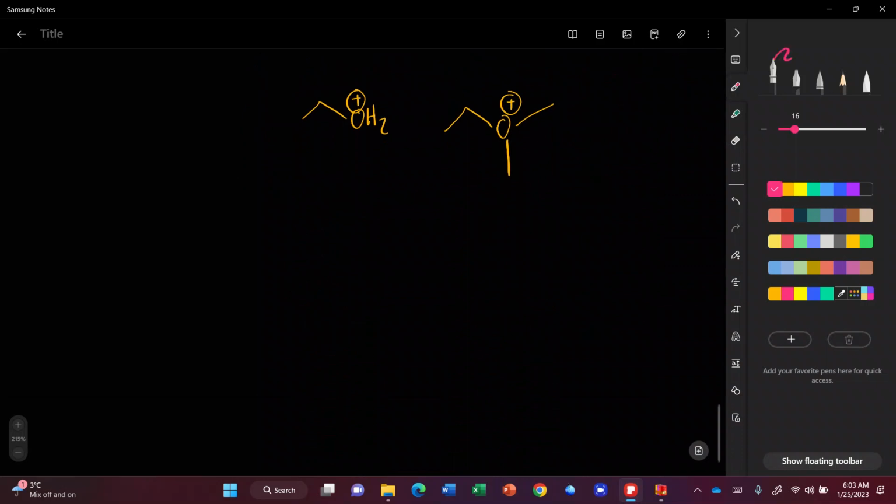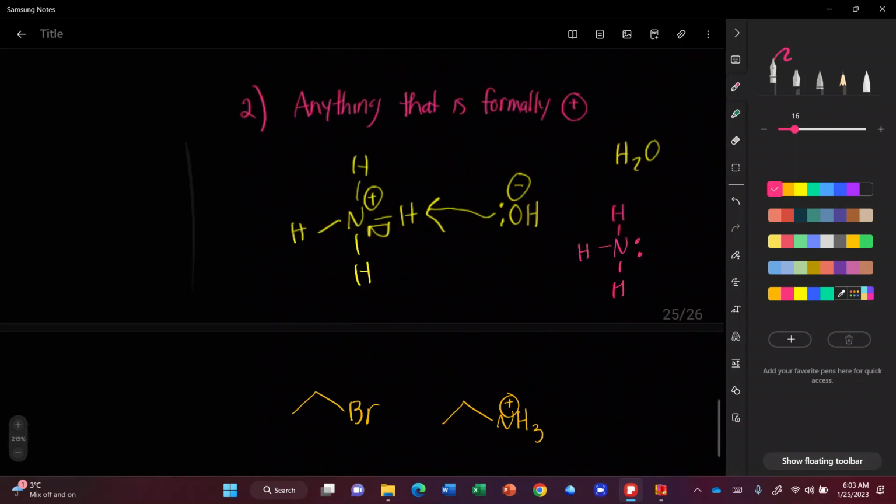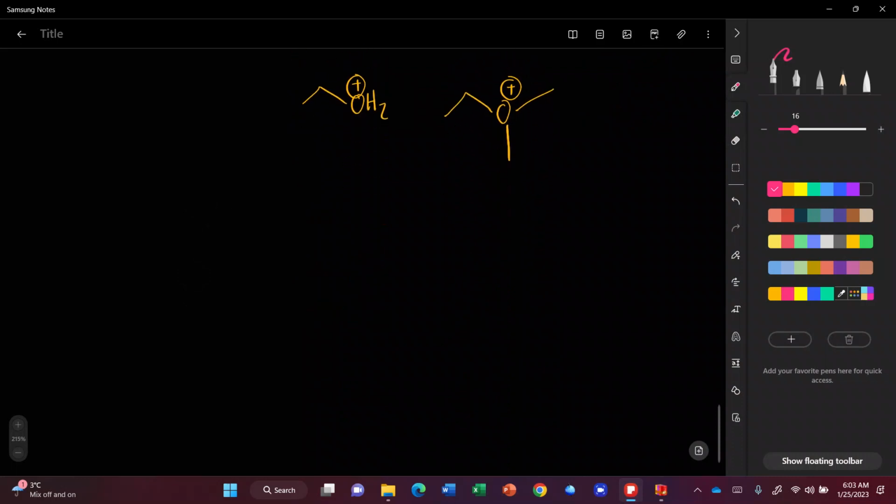And the final thing that is an example of a good leaving group, and this is a very, very niche example, but I'm pretty sure you guys are learning about it already, is an atom that is strained, okay? And the reason that this is going to be a good leaving group is because if something can leave, so an atom that is strained, and usually this is going to involve ring strain. So the classic example of this is the oxygen atom of an epoxide.